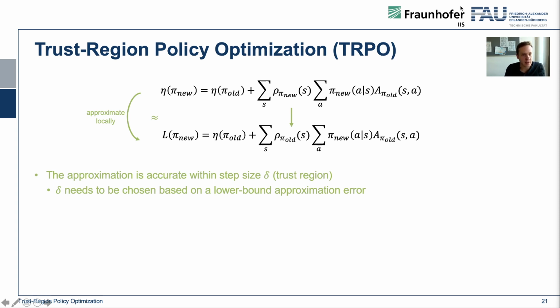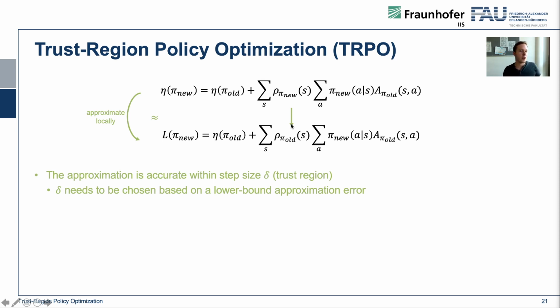The only thing that changes from the original objective function to the new one is that we change the discounted visitation counter in here, because this is something we can sample and already sampled using our old policy.